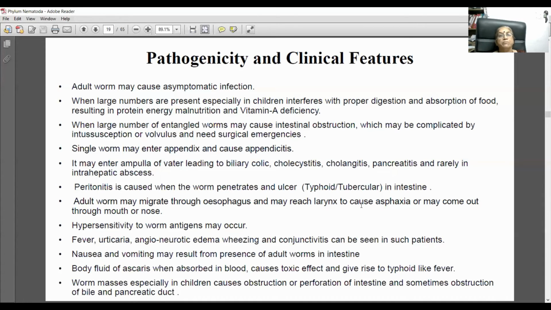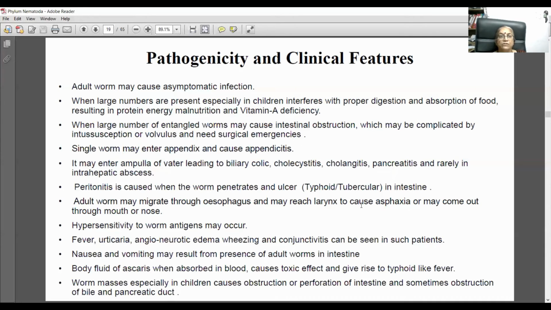Now, intussusception, intestinal obstruction, and volvulus are emergencies caused in the human being, and that is going to need a surgery.